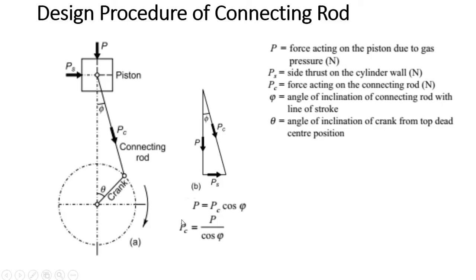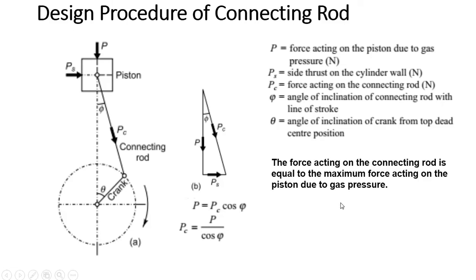Then only I will get PC equal to P. So the force acting on this connecting rod is equal to the maximum force acting on the piston due to gas pressure when P becomes equal to PC, or in other words cos phi becomes 1, and this happens when phi is 0, or phi is very small.